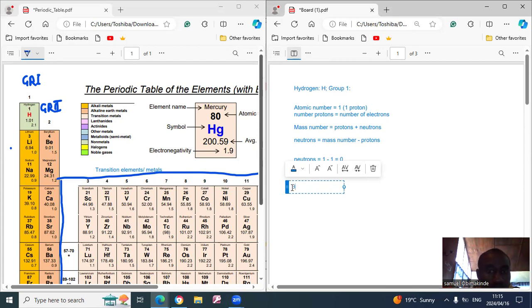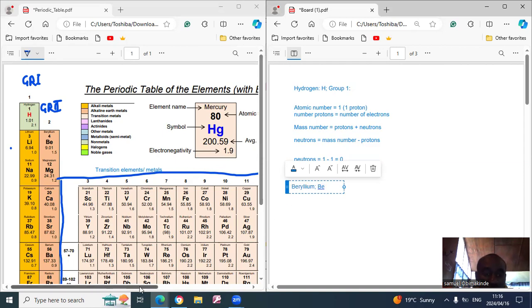So the name of that element is beryllium, right? Okay, double L. So the atomic symbol for beryllium will be Be. It would be wrong for you to say beryllium is B, right? There is another element called boron with atomic symbol of B.